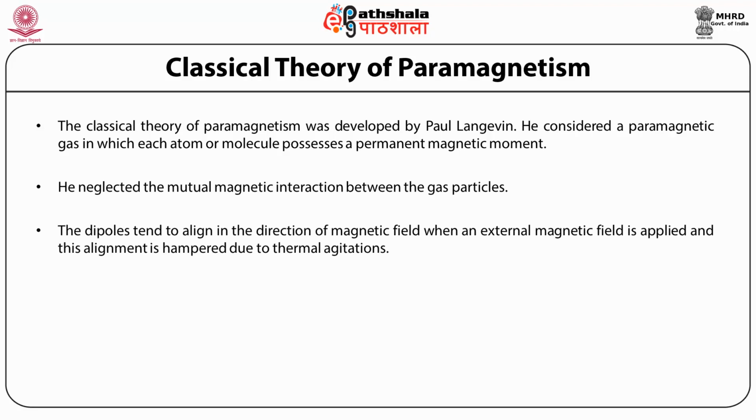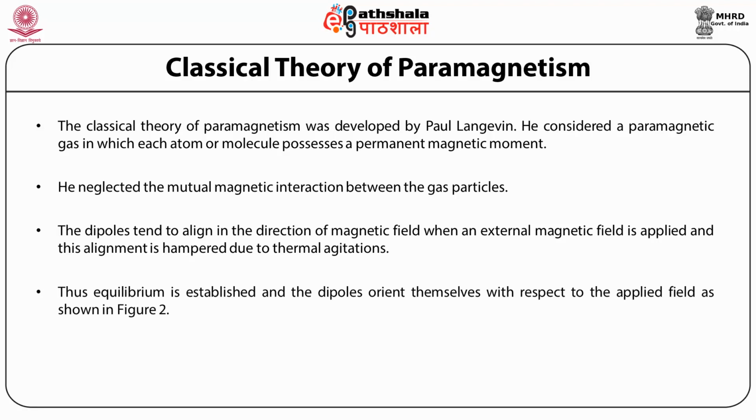The dipoles tend to align in the direction of the magnetic field when an external magnetic field is applied, and this alignment is hampered due to thermal agitation. Thus, equilibrium is established and the dipoles orient themselves with respect to the applied field as shown in figure 2.